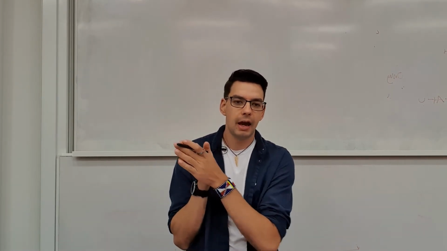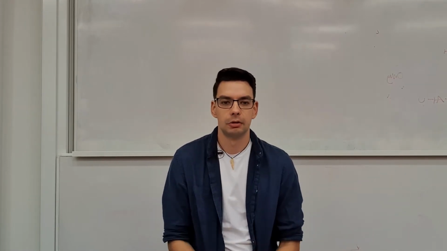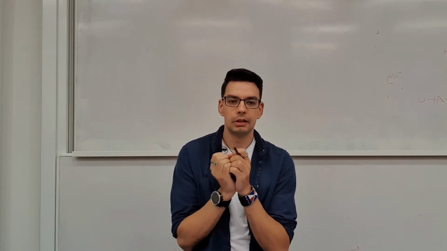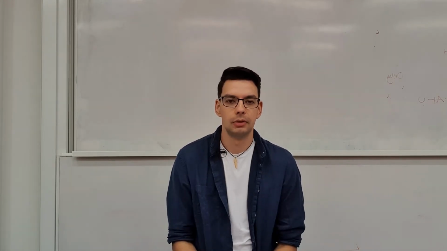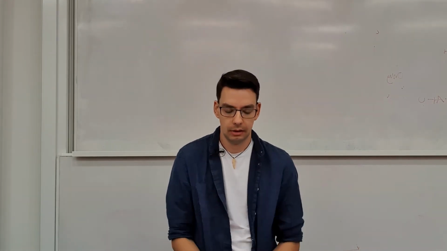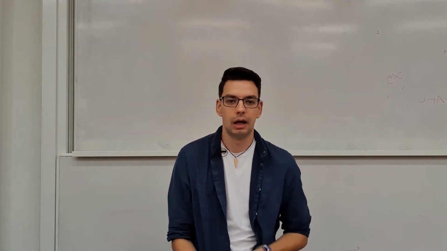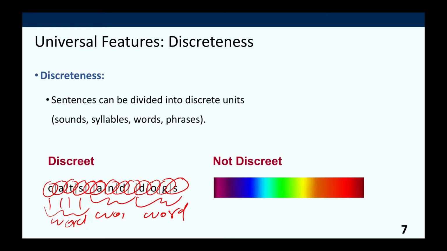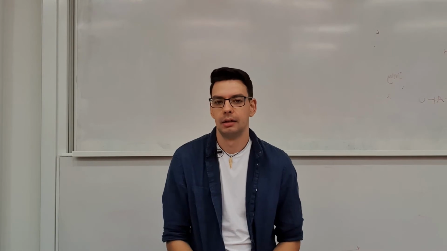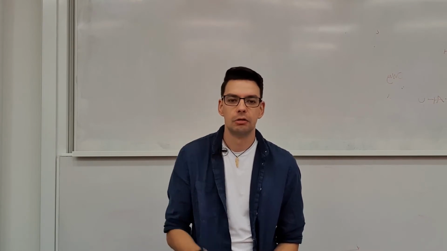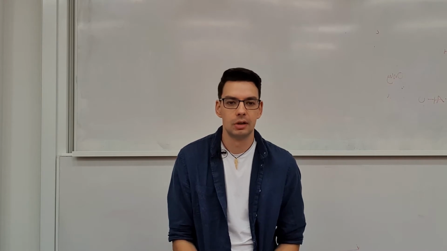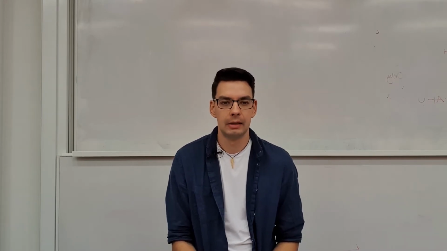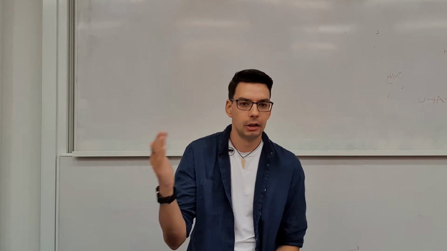Rather, colors vary on a continuous spectrum. You can go at an infinitely small speck and still have a difference between two things. There's no concrete division between the individual colors. They flow one into the other. That is very unlike language. There's no fine gradation, no infinite levels of gradation that get you the difference between words like pin and bin. It is either p or it is b.